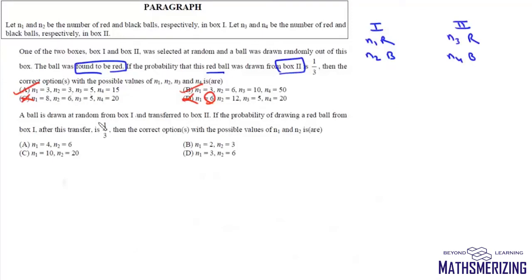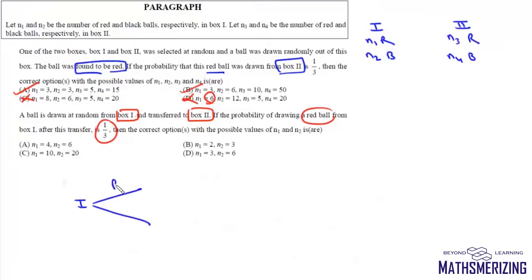Then the second part, it says a ball is drawn at random from box 1 and it is transferred to box 2. If the probability of drawing a red ball from box 1 after this transfer is 1 by 3, then the correct options with possible values of N1 and N2 are. Now from box 1, we have transferred one ball.